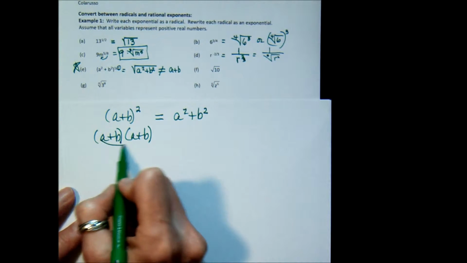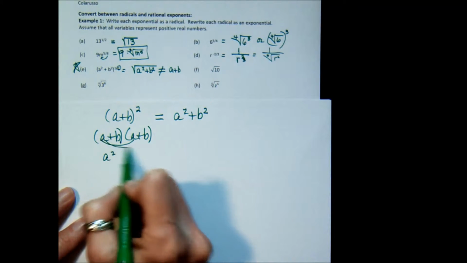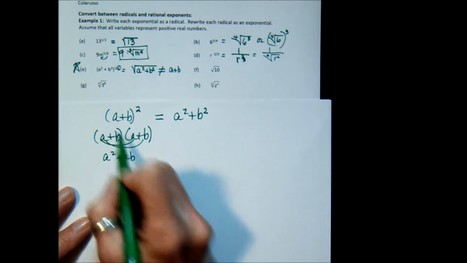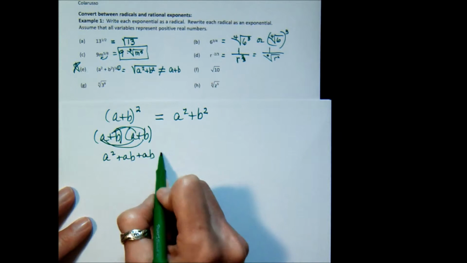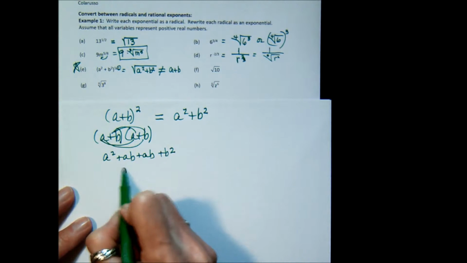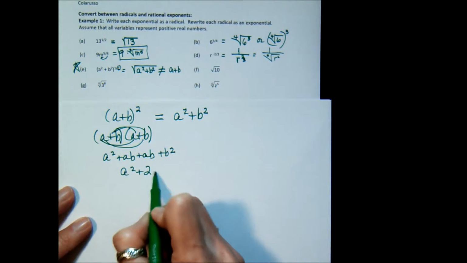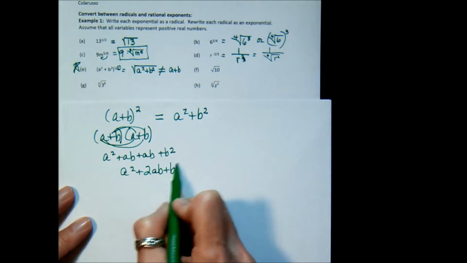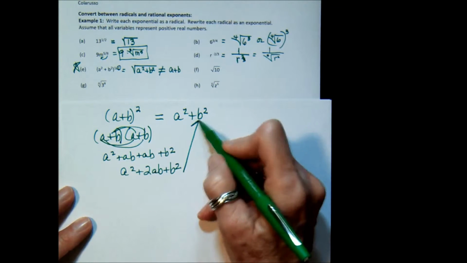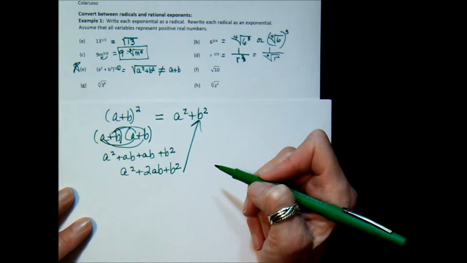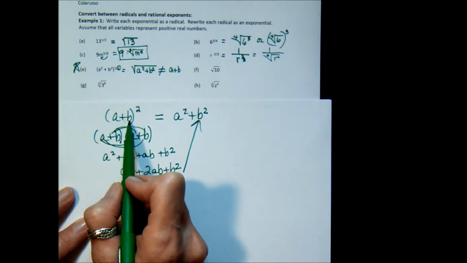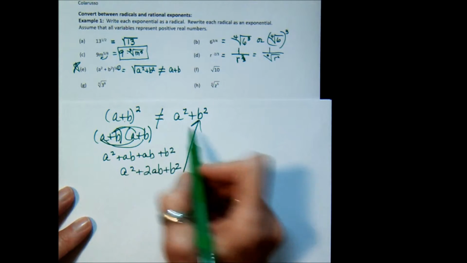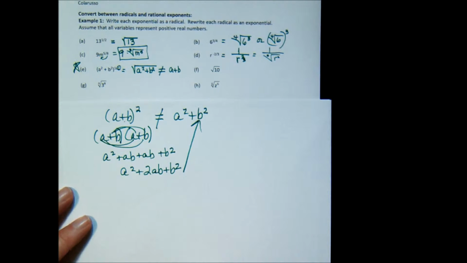If we now FOIL that, a squared plus ab plus another ab, or ba, same thing, plus b squared, I get a squared plus 2ab plus b squared. I don't get a squared plus b squared. And that is because a plus b squared does not equal a squared plus b squared.